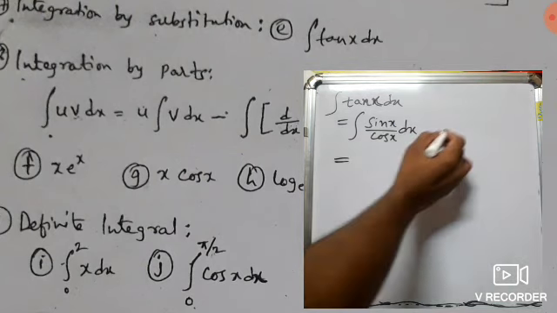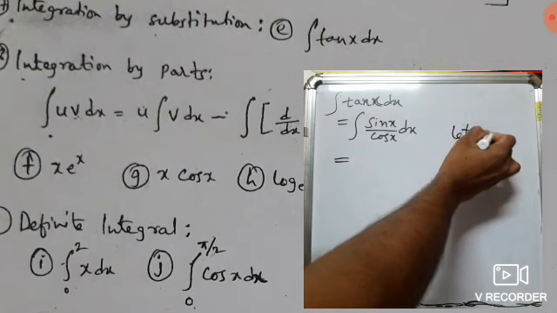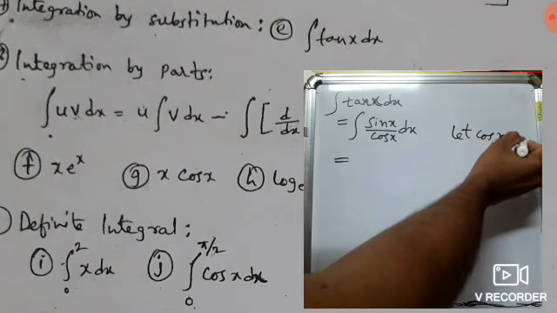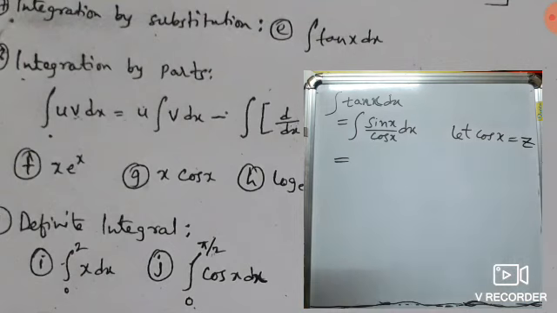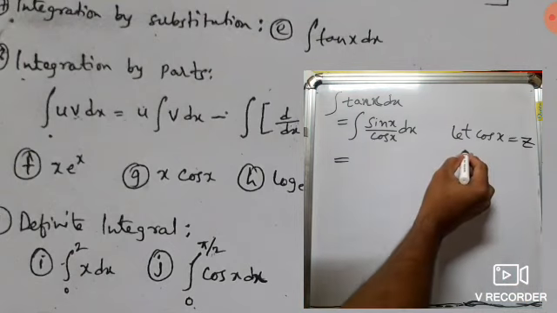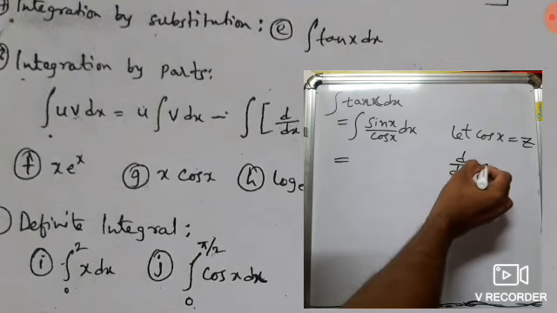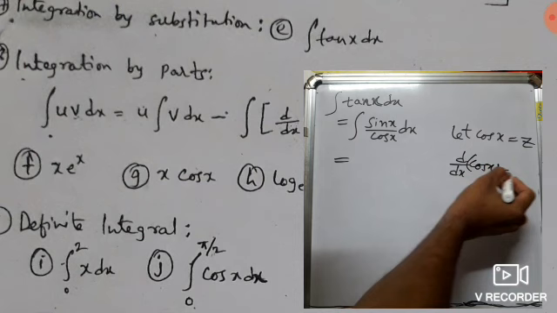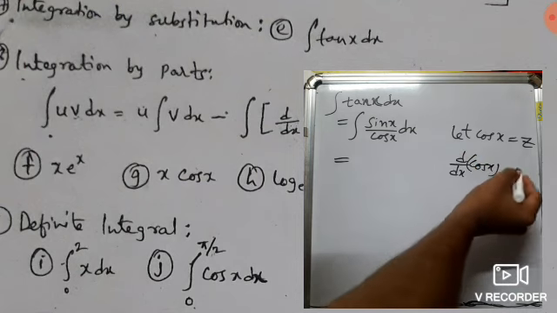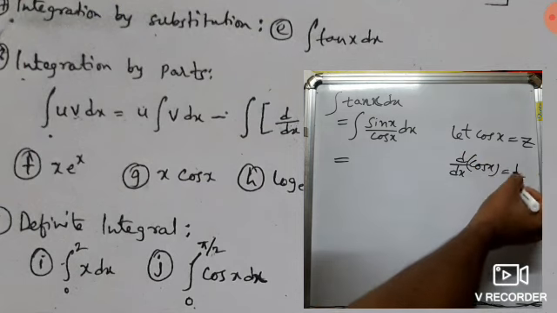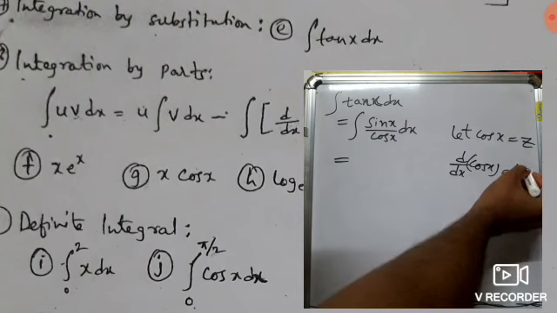So this is the method of substitution: let cos x be z. So d dx of cos x is equal to d dx of z.